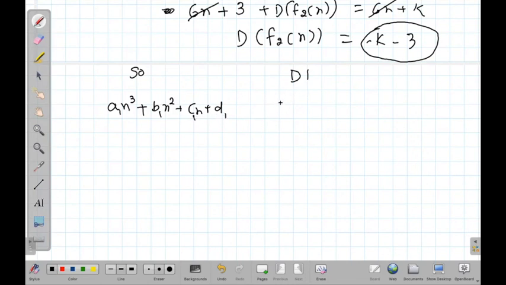The next one would be a2n squared plus b2n plus c2. And then the next difference would be a3n plus b3, let's say. This will be the AP. AP should have come in D3, right?